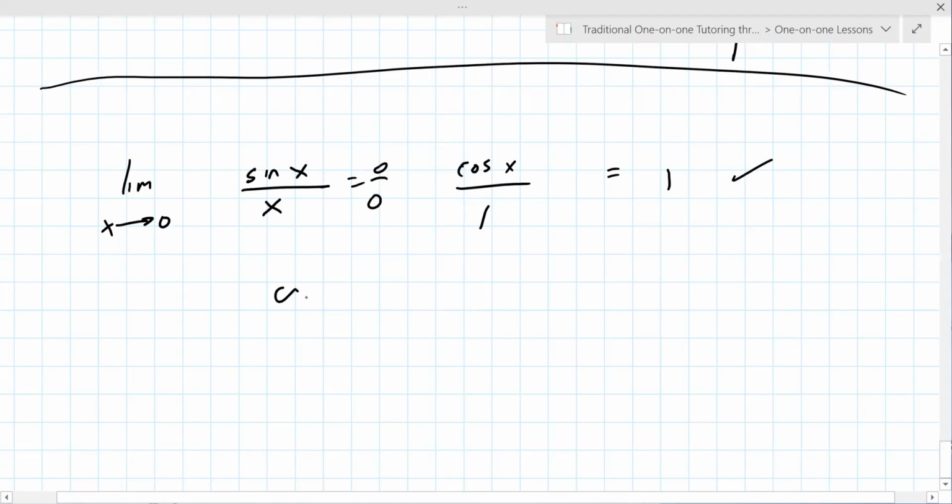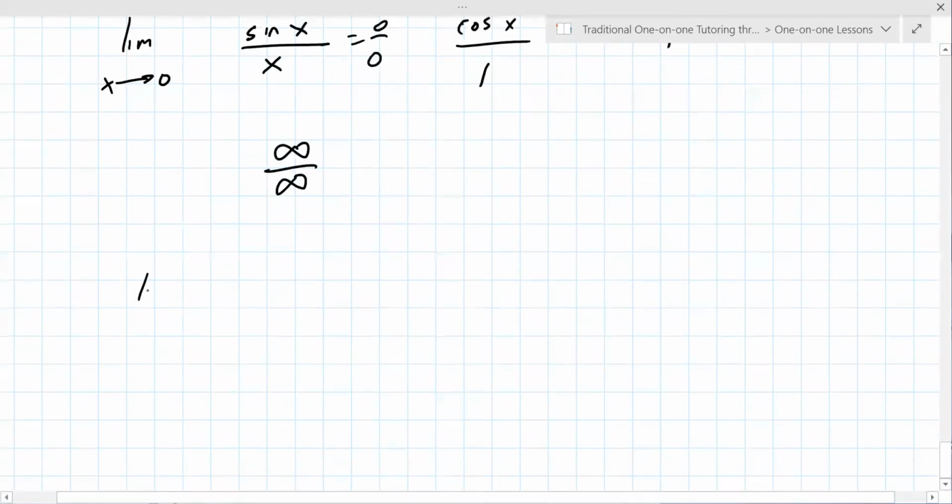We didn't do one that was infinity over infinity, but that's the other indeterminate form you're possibly going to see. If it was infinity over infinity, you just keep taking derivatives. It happens more like this: limit as x goes to infinity of x cubed over 5x cubed.